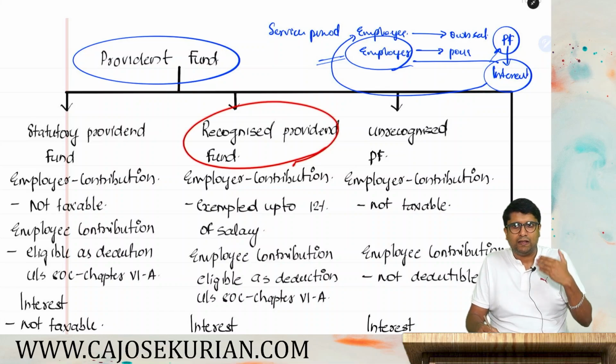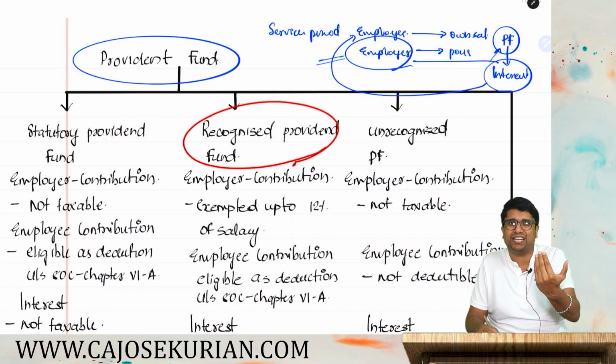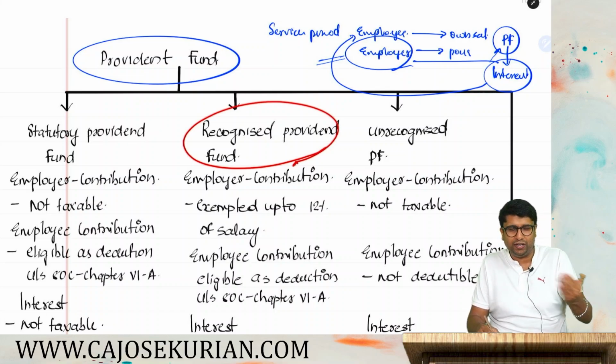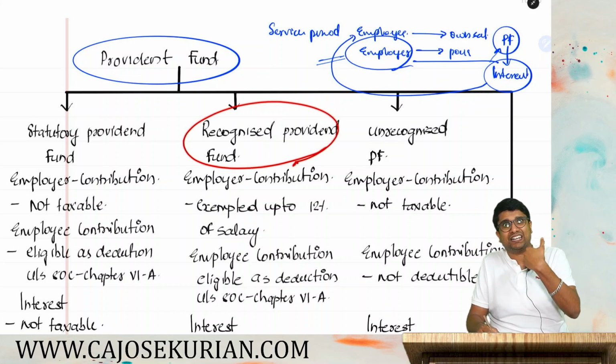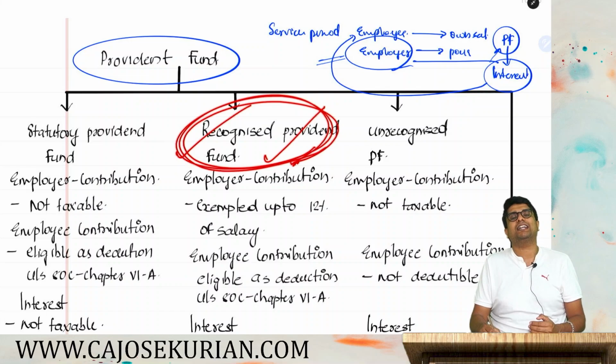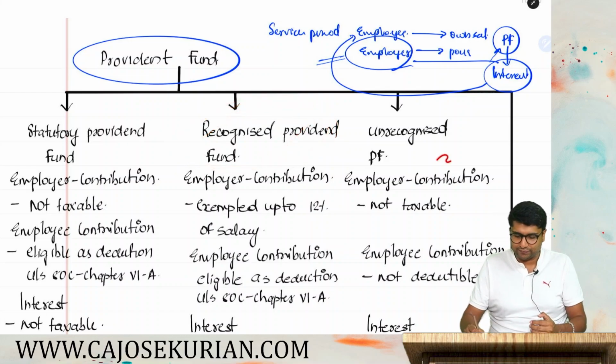Or rather, the employer is maintaining a provident fund with any recognized institution like LIC or other institutions. So the employer is either maintaining a provident fund by himself and is getting an approval, or he is maintaining the provident fund with a recognized institution. Those provident funds are called as what? Recognized provident funds. In simple, we can say a provident fund which is recognized by the income tax department is said to be what? Recognized provident fund.